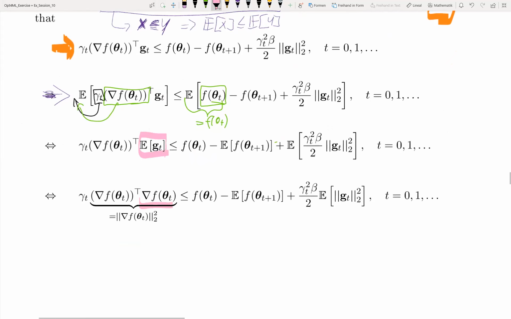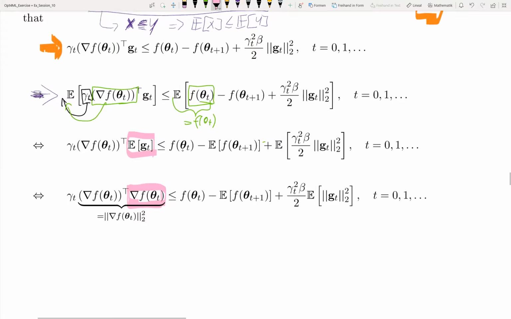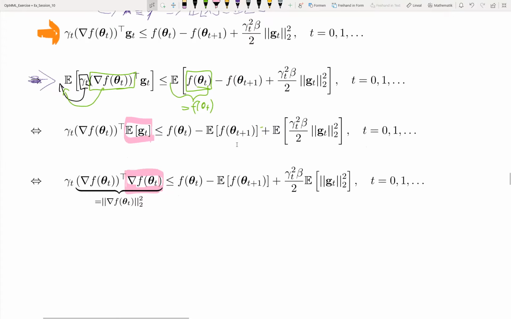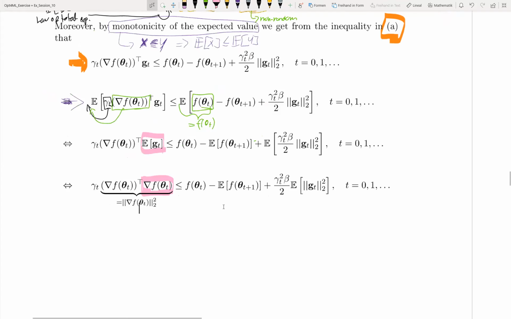So this thing and this thing here coincide. And what we get on the left-hand side is nothing else than the squared Euclidean norm of the full gradient times the step size. All right. And well, this is what we wanted to show.